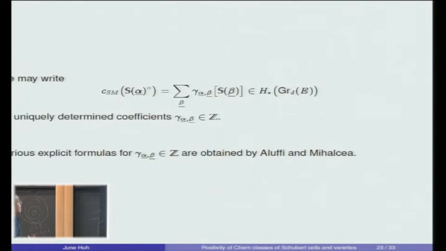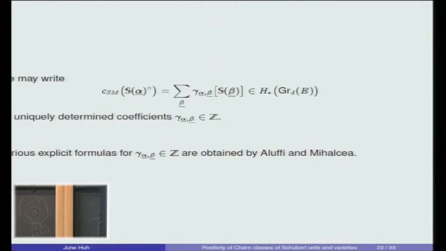And in particular, by this general theory of Chern classes, I can now speak about Chern classes of Schubert varieties, or even I can speak about the Chern class of a Schubert cell. I have a constructible function which is 1 on the Schubert cell and 0 outside. And that's a certain homology element in my group. And that's uniquely expressible as an integral linear combination.